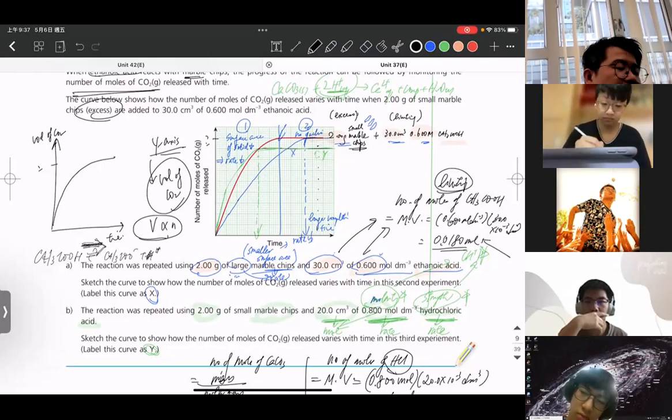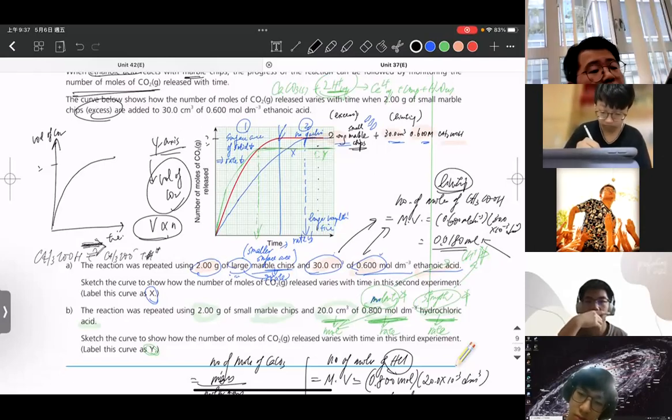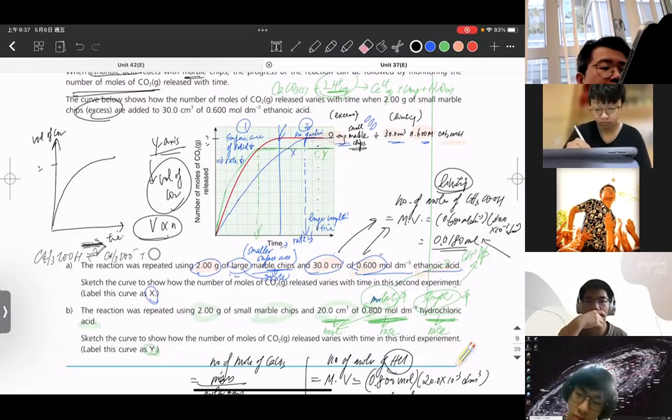So at that equilibrium, there is a fixed ratio of the concentration of hydrogen ion, the salt ion, as well as the acid itself. We have got a constant ratio.